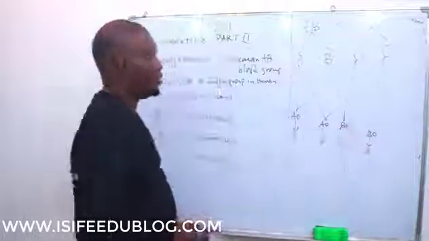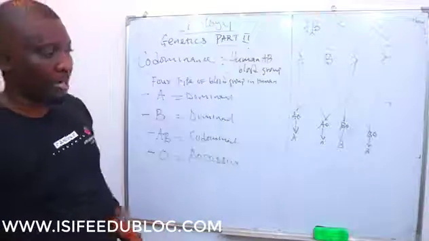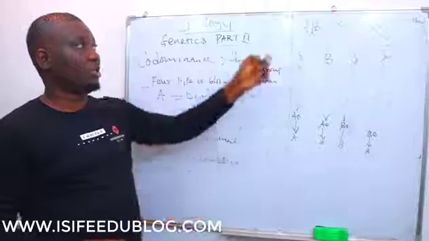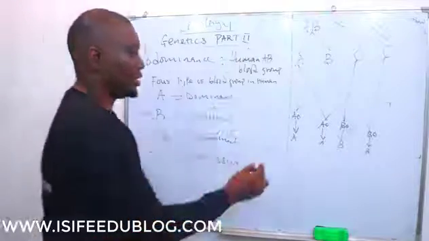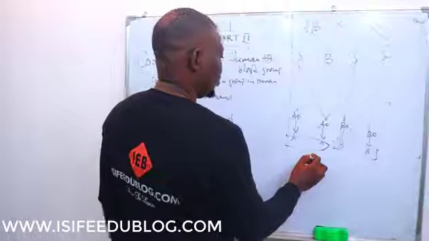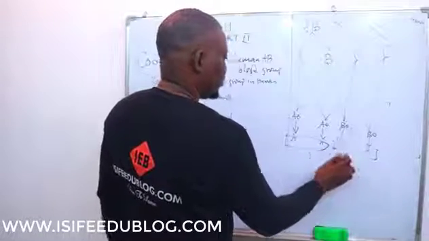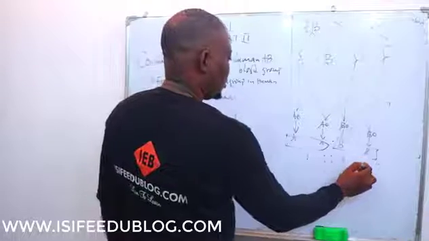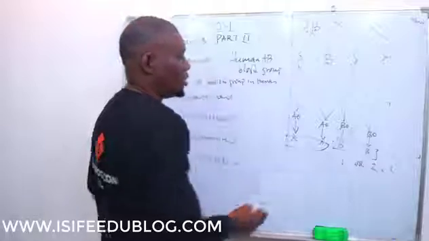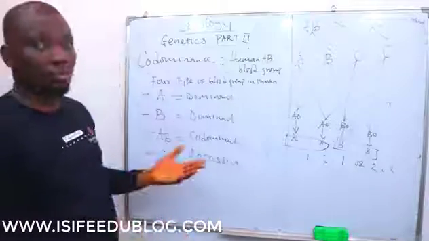So in this outcome, you now see that the ratio of blood group A individual to blood group B individual from the cross between AB and O is the same. I can say that the ratio of A blood group to B blood group is 1:1, or 2 to 2, but the simplest ratio is 1:1.